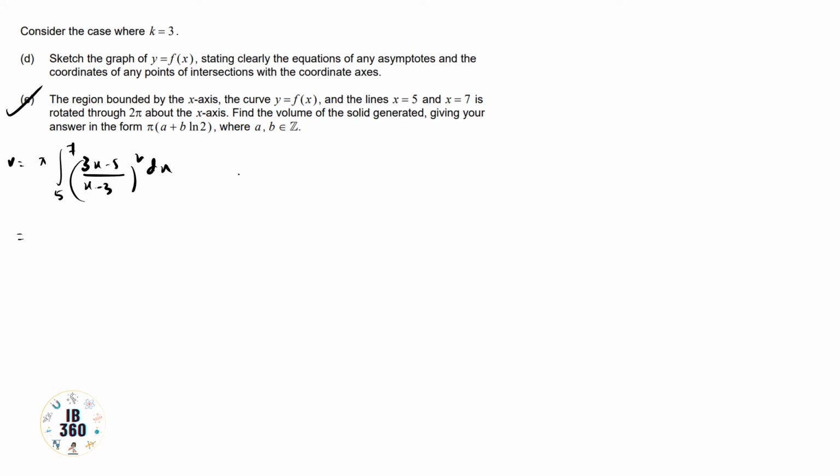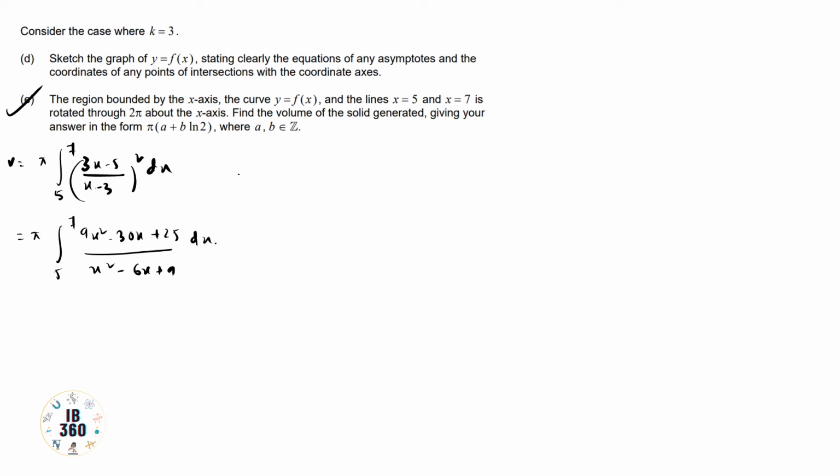Just expand this: pi times the integral from 5 to 7 of (9x squared minus 30x plus 25) divided by (x squared minus 6x plus 9) dx.